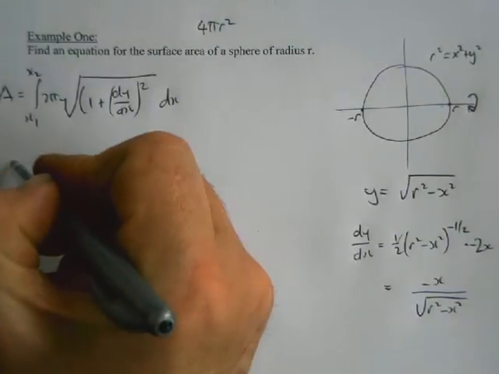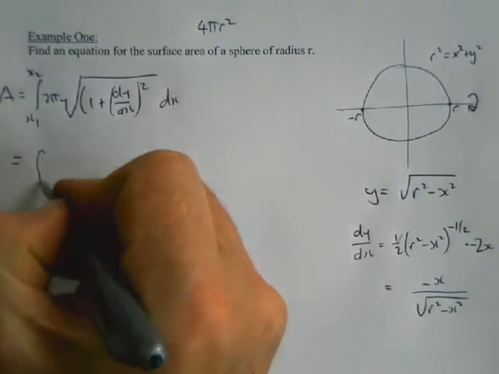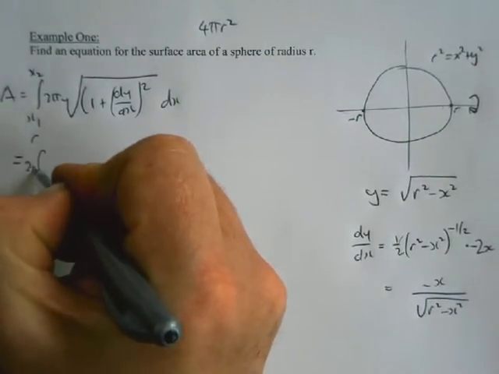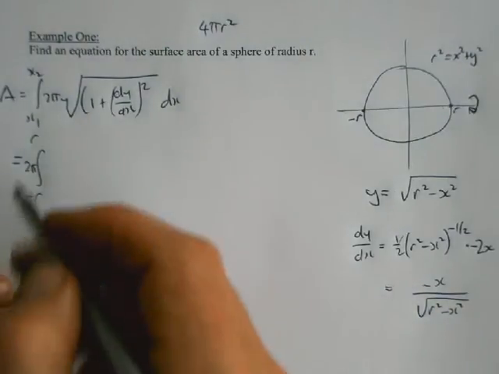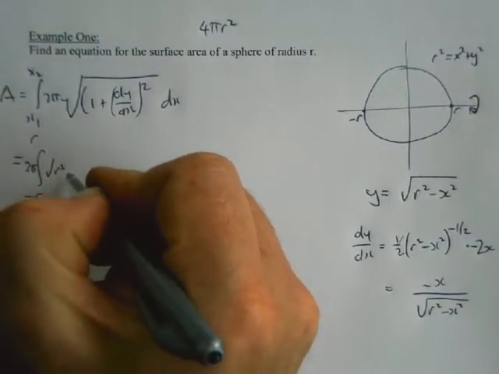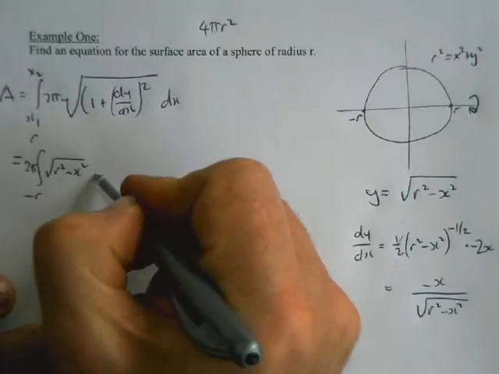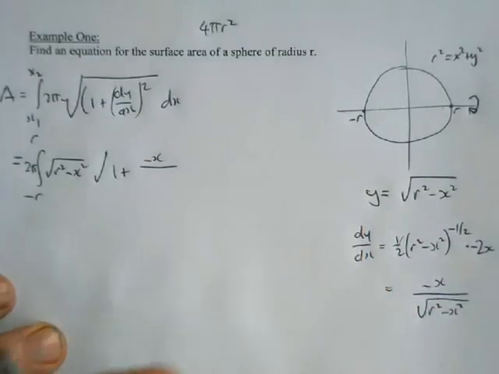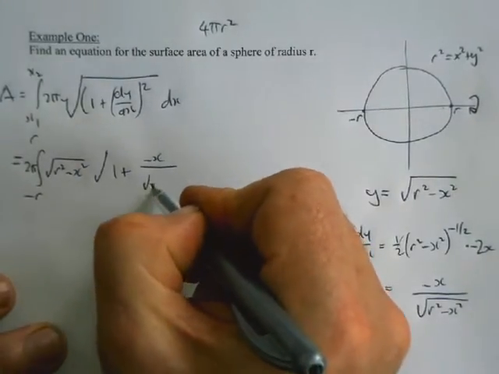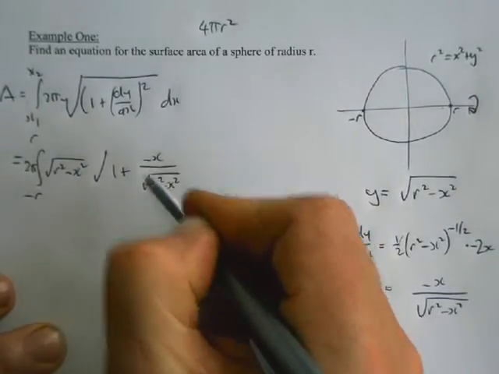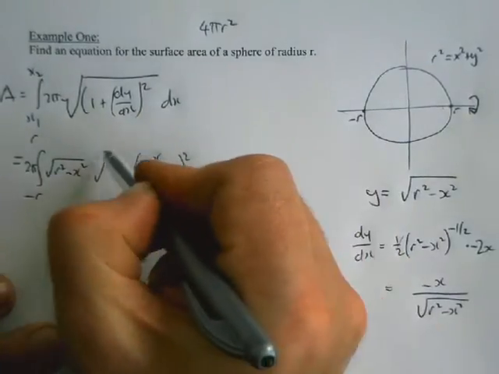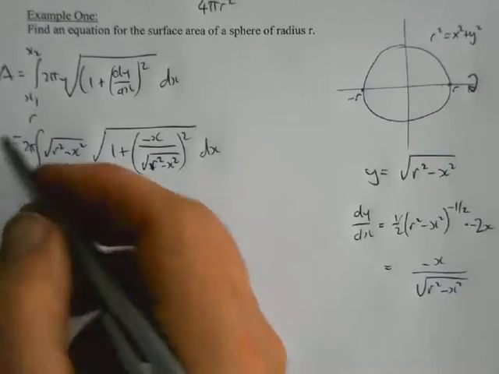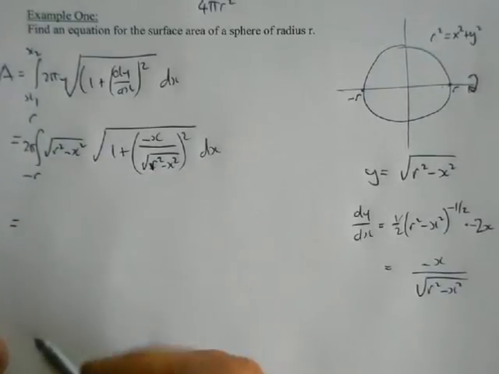So the area should equal the integral from negative r to r, 2 pi, I'll take that right out the front because I can't bother working with it. Y we know is the square root of r squared minus x squared, times the square root of 1 plus the derivative, which is negative x on the square root of r squared minus x squared, and that whole thing is squared dx, which looks pretty entertaining. So let's have a go and see if we can simplify that down a little bit.